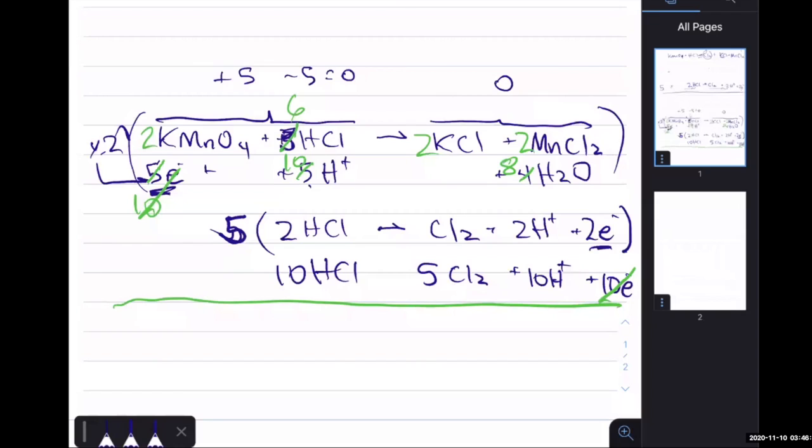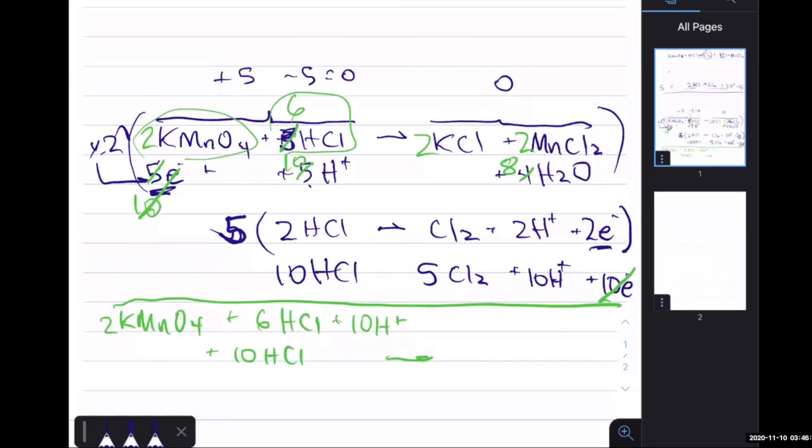And so this will show up as 2KMnO4 plus 6HCl plus 10H plus plus 10HCl going to, so I've taken care of this, I've taken care of this, I've taken care of this, and I've taken care of this right here. That's on the left side.